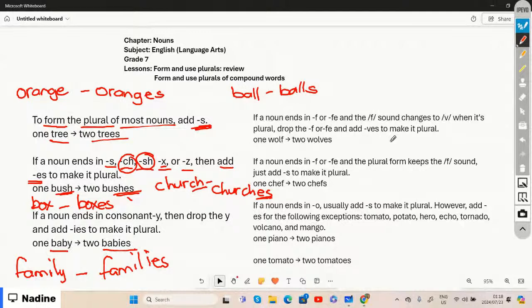All right. So we see that when a noun ends with an f, and the f sound changes to a V, like for example, life and lives, then we drop the f and we add the VES to make it plural.